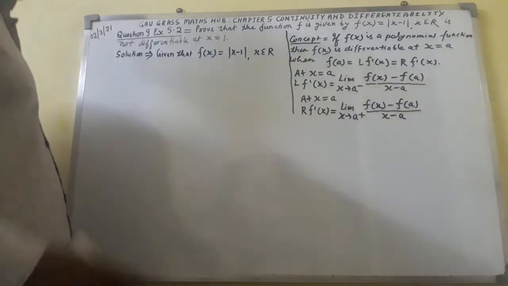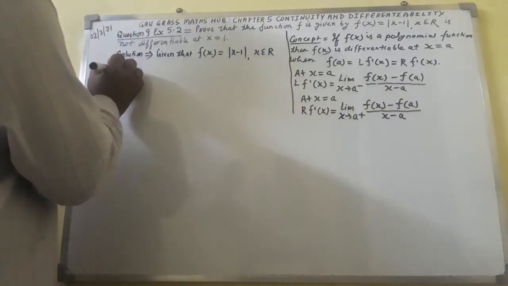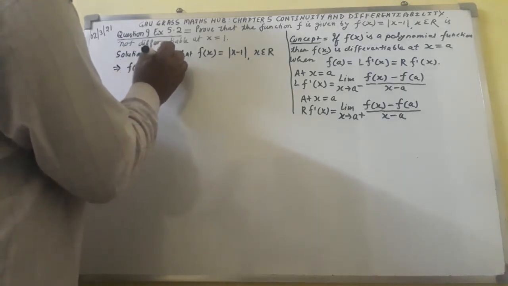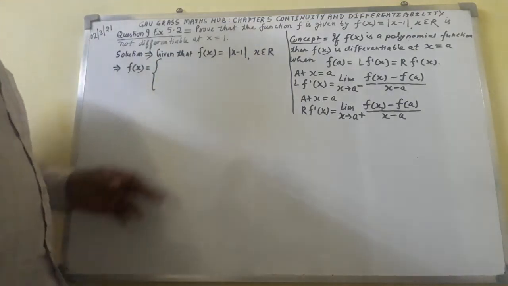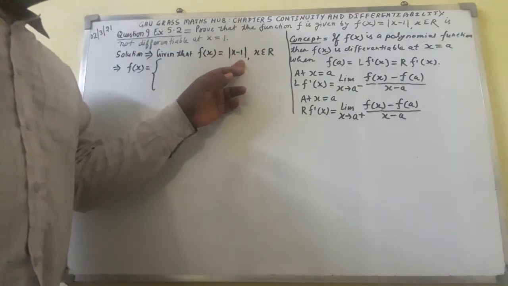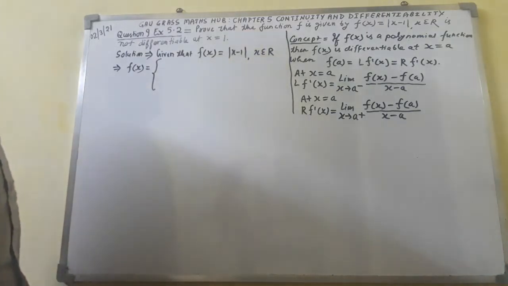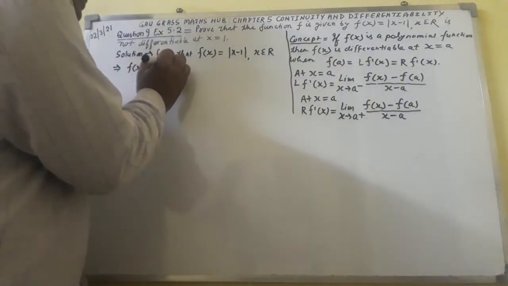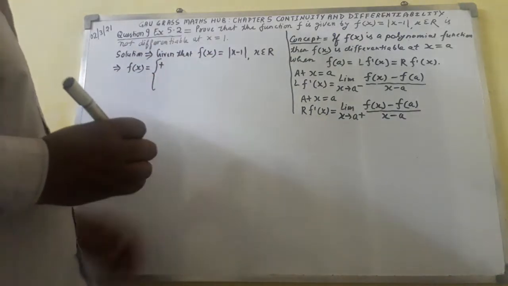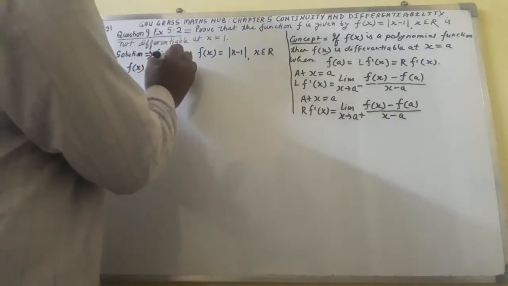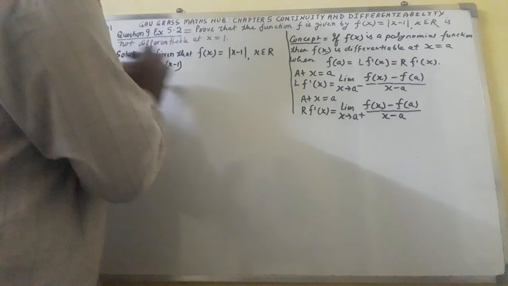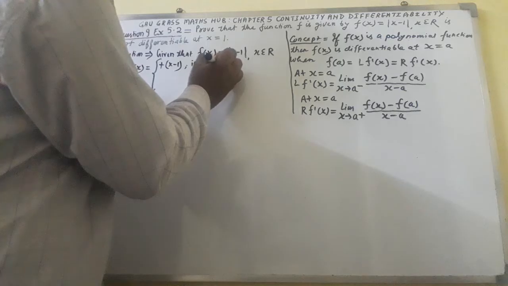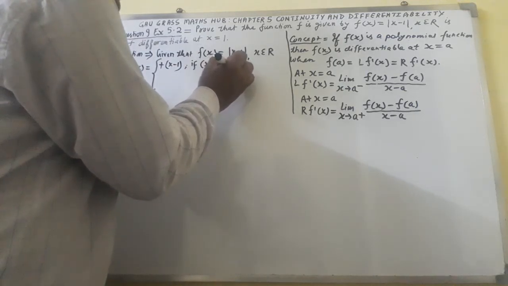Mod x minus 1 can be represented as f of x is equal to, open here curly bracket, mod x minus 1 consists of two terms. First of all, I shall take positive sign of x minus 1, write here x minus 1, comma, if x minus 1 greater than equal to 0.